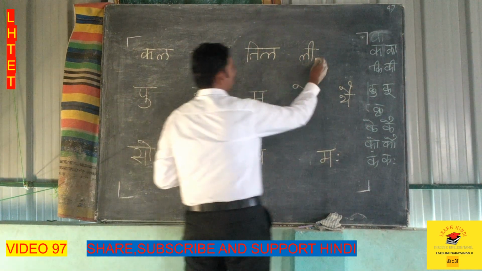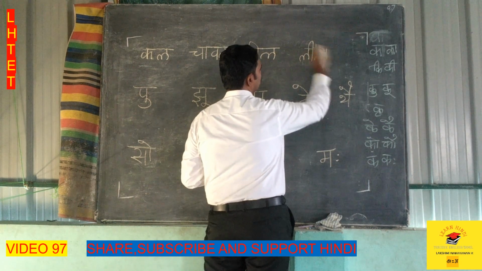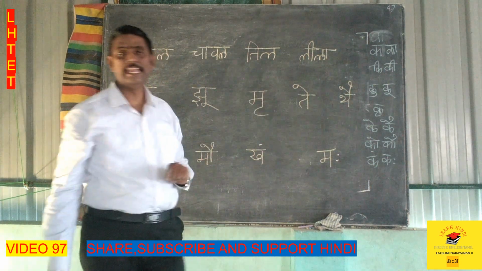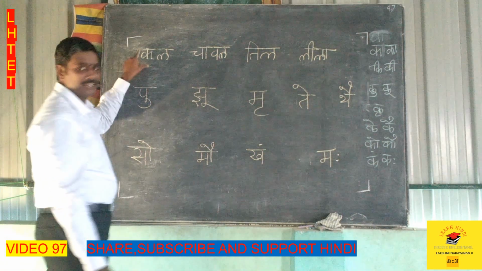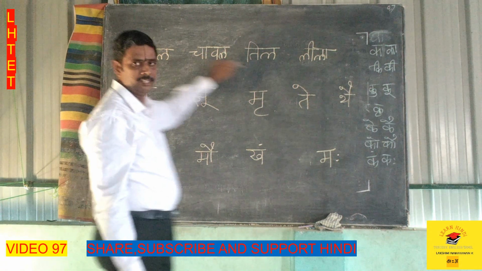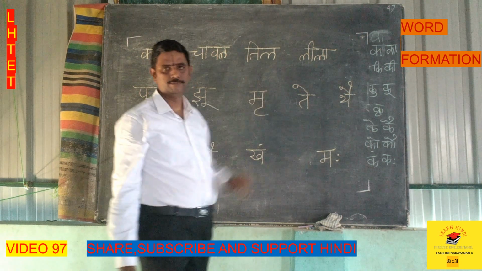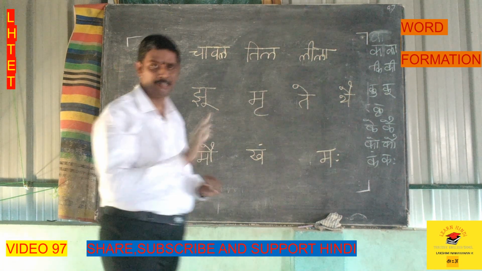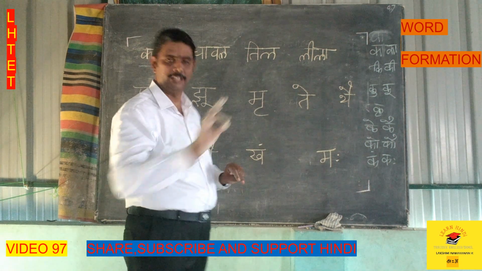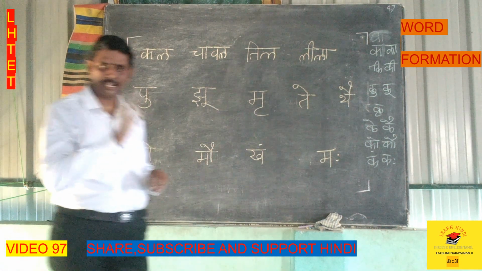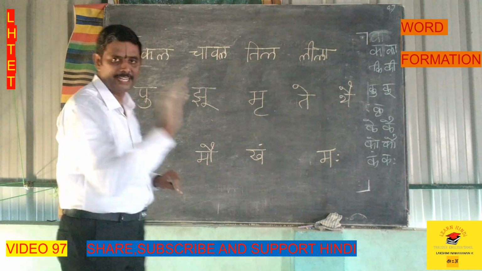For this I have taken la, leela. Just to find out: kal, chaval, til, leela. I have not used the same consonant ka in every line. In every line I have chosen some other letters.